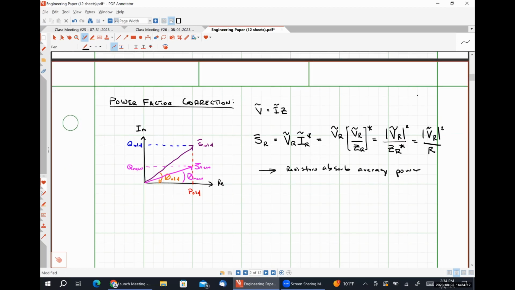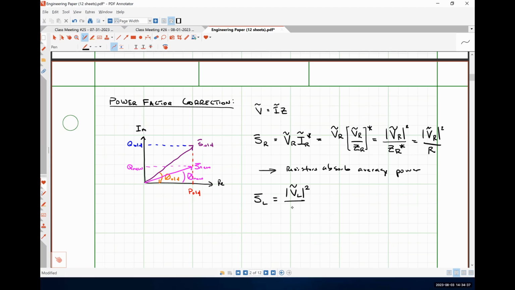Now let's look at what happens if we have an inductor. The complex power absorbed by an inductor is going to wind up being the magnitude of the voltage drop across an inductor squared divided by the conjugate of the impedance of an inductor. Well, what's the impedance of an inductor?